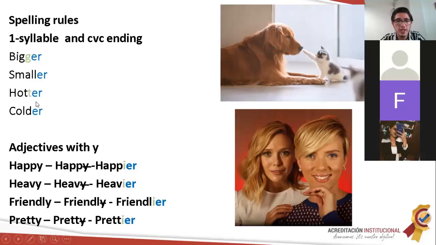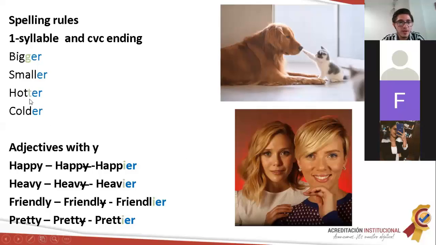Let's look at an example for bigger. Which of these animals is bigger, the dog or the cat? Which one is bigger? The dog is bigger than the cat. In this case, as you have one syllable, you need to use bigger. Okay, bigger. Right? Exactly.